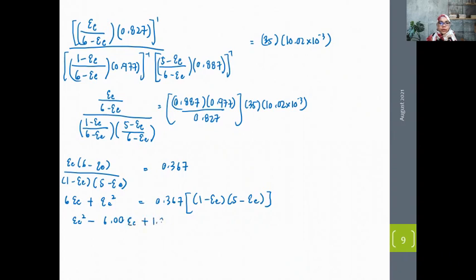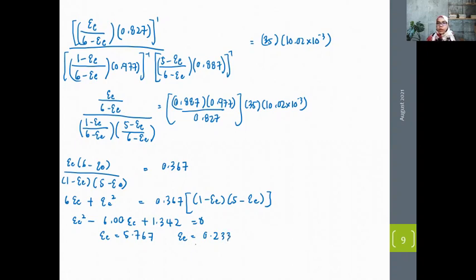The quadratic equation is epsilon E squared minus 6 epsilon E plus 1.342 equal to 0. Using your scientific calculator, you can obtain two values: the first is 5.767, and the second is 0.233.